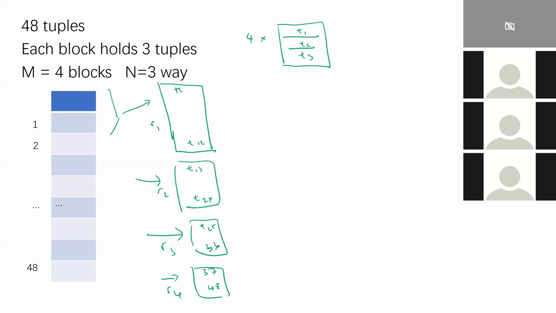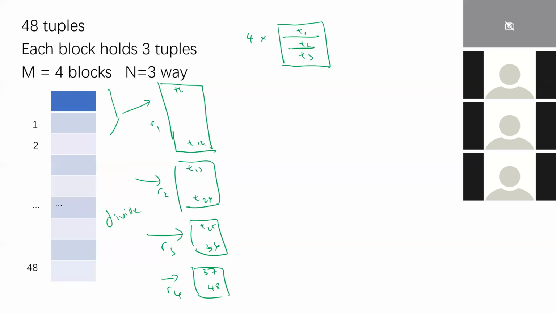Once again, this is the divide step. In the merge step, how many blocks will we be using to merge in this case?